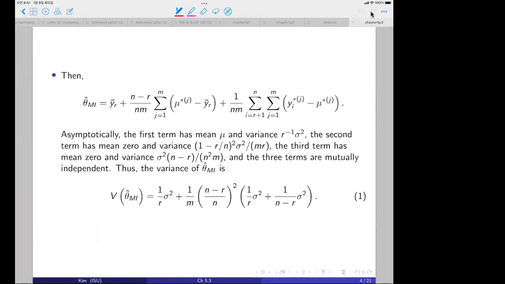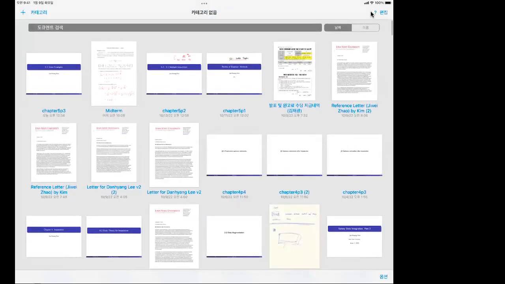We can express this multiple imputation estimator and decompose it into three terms: the MLE part, the posterior part, and the imputation part. Like what we did in the previous slide, equation 8 corresponds to this decomposition.